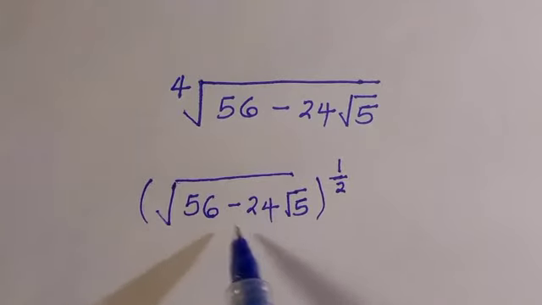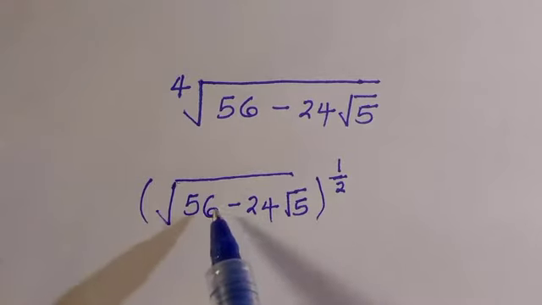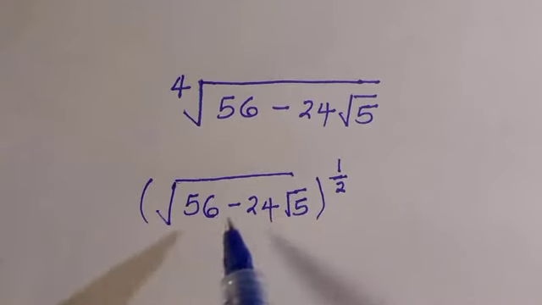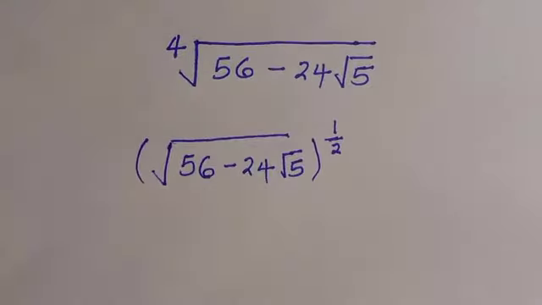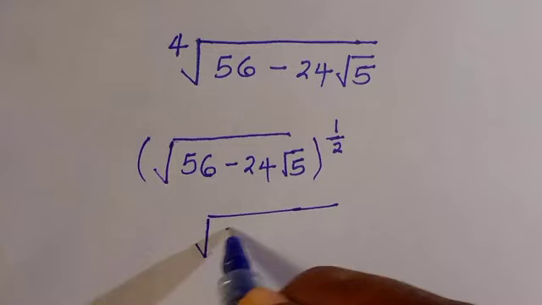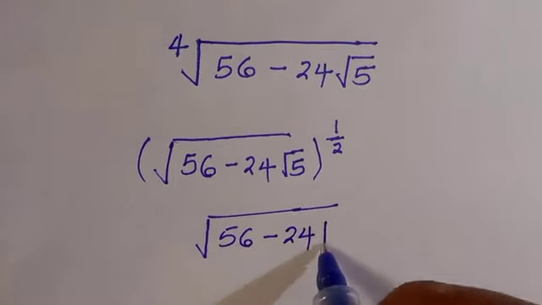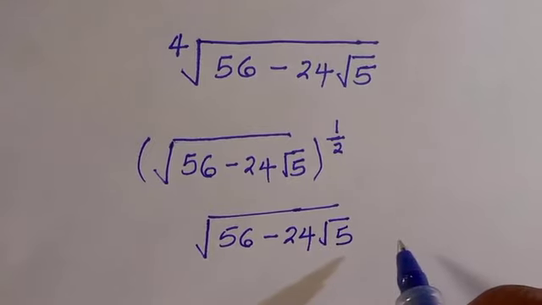We deal with the one in the bracket first, and we let it be another letter, which is 56 minus 24 root 5.